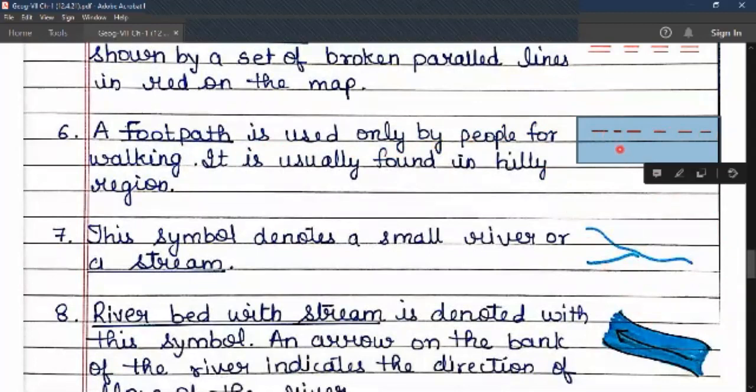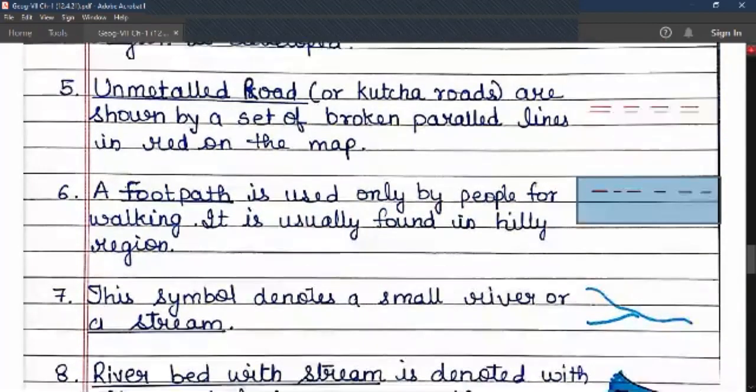I hope you understood the difference between a footpath and an unmetalled road, where in an unmetalled road there are two parallel lines, which are broken in nature, whereas here the footpath is shown with a single broken line.